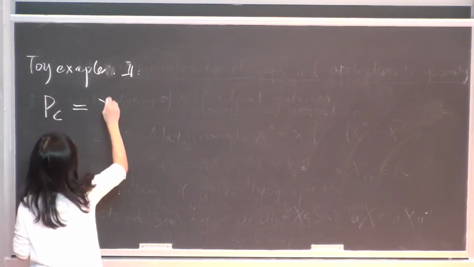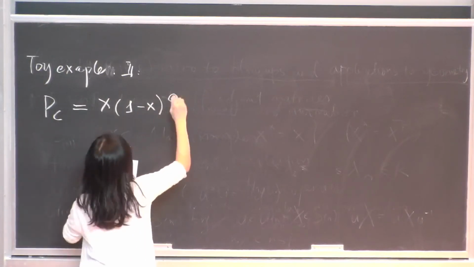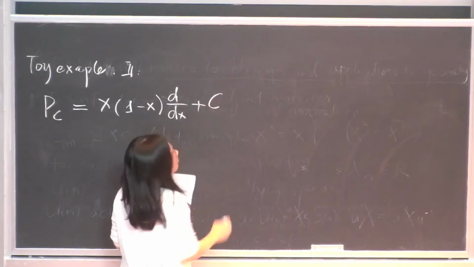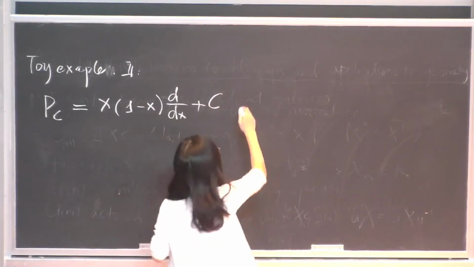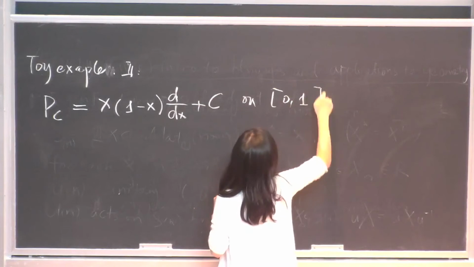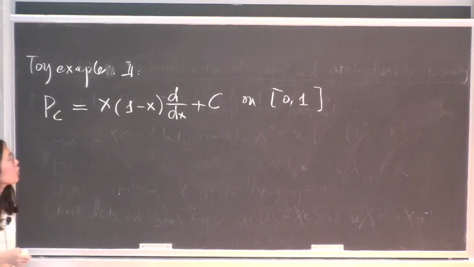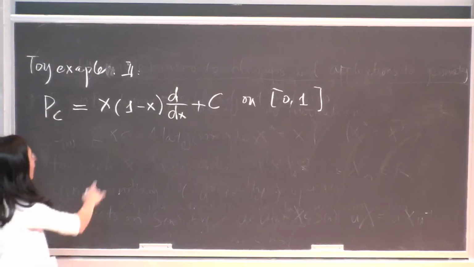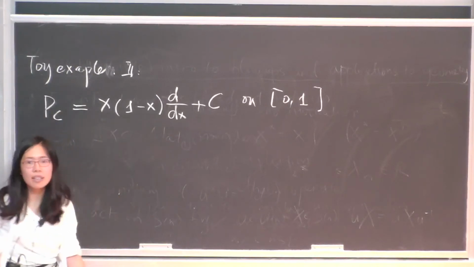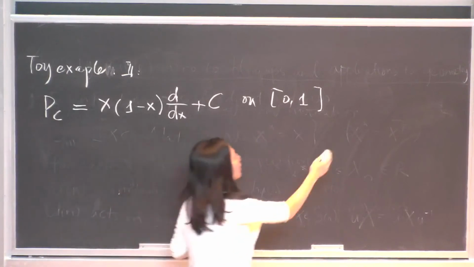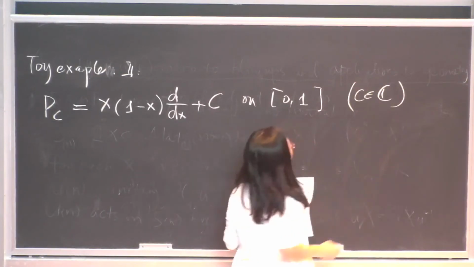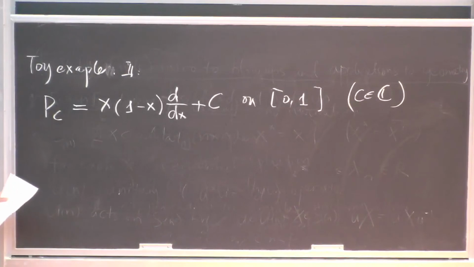It is given by x(1 minus x) d/dx plus c, acting on the interval [0,1]. This is an operator acting on functions on a manifold with boundary, and the boundary degenerations are exactly encoded here. Here c is an arbitrary complex number. I should also say that this is the simplest b-operator you'll see.